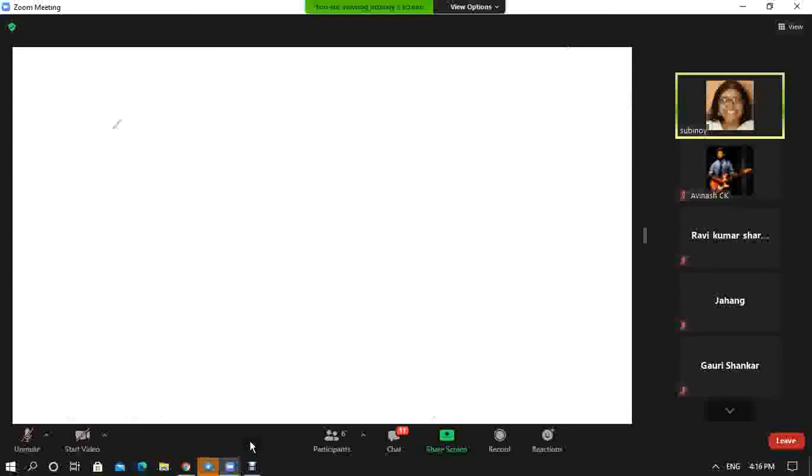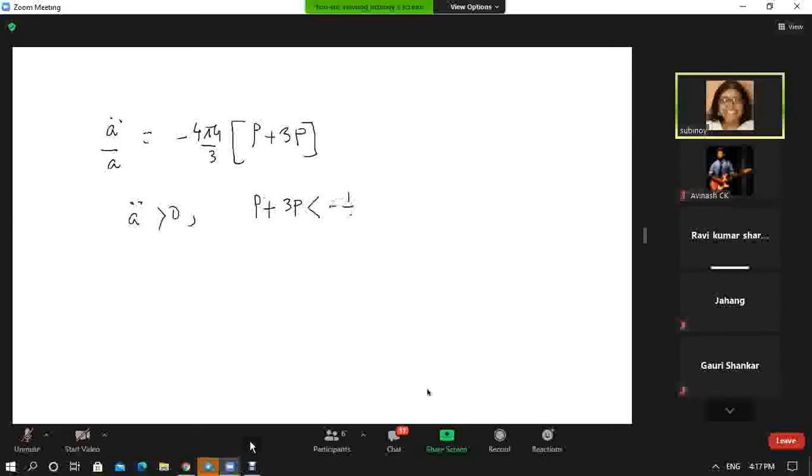Take the second equation, a double dot by a equals minus 4 pi G by 3 times (rho plus 3p). It can only happen for a double dot greater than 0. What do we need? Rho plus 3p is less than 0.